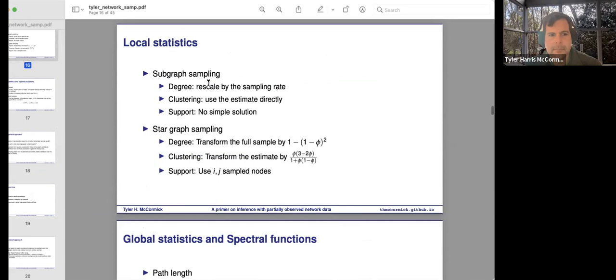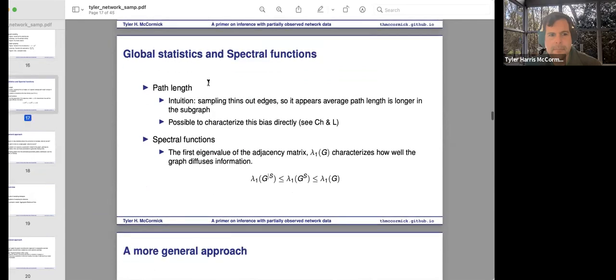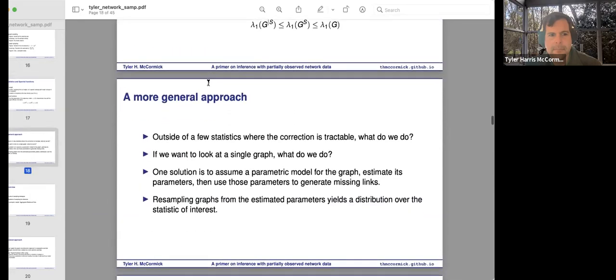But then there's the broader approach, which is to rely on a model, and to ask whether, under the sampling design, I am confident that if you can estimate the parameters of the model, then you can simulate from the model and recover a distribution over graphs. And so you could definitely do a similar kind of thing.